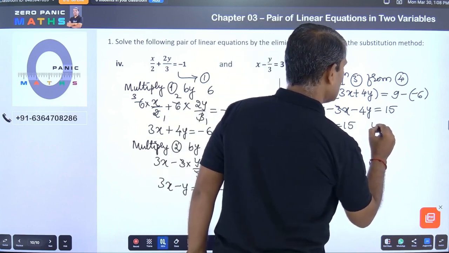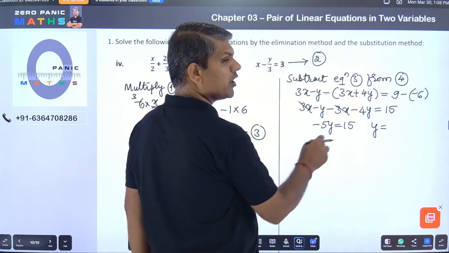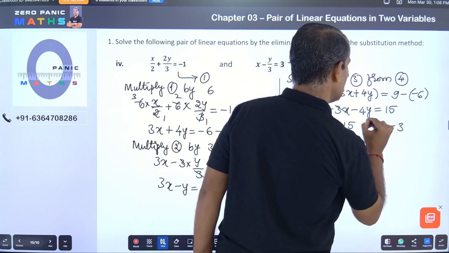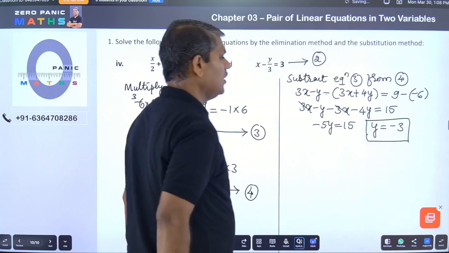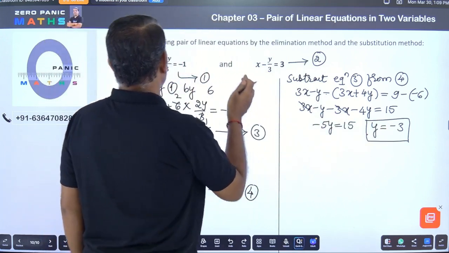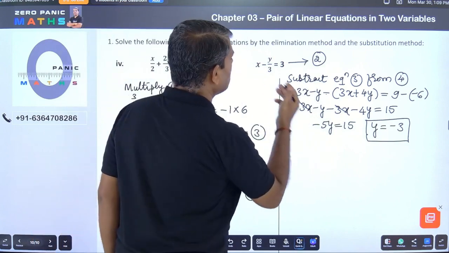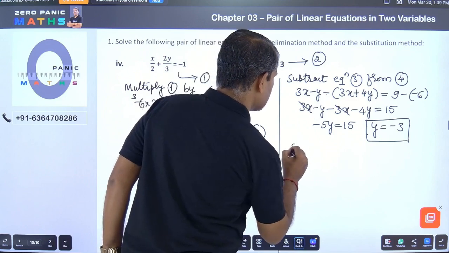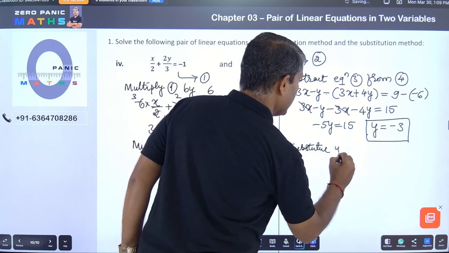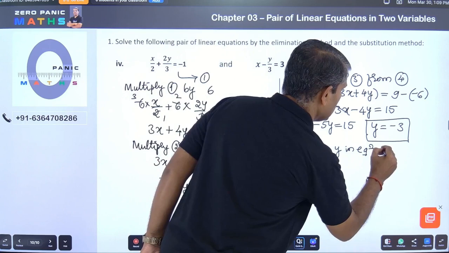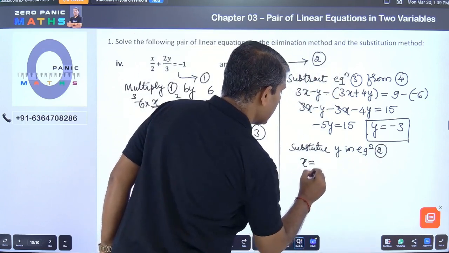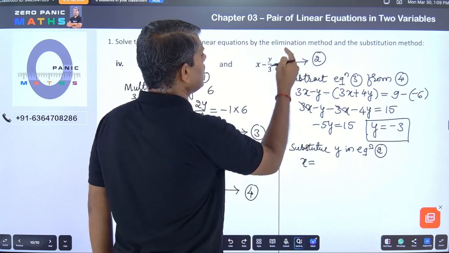So y is equal to 15 by 5, that is 3 with minus sign, so y is equal to minus 3. Okay, substitute this y is equal to minus 3 in equation 2 to find out the value of x. That will give us x is equal to 3 plus y by 3.